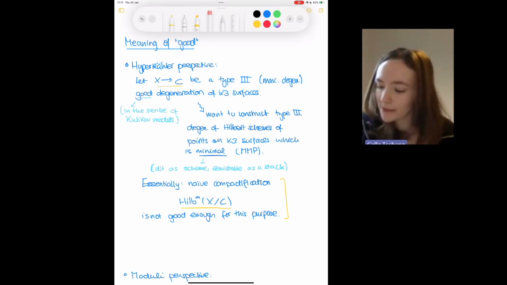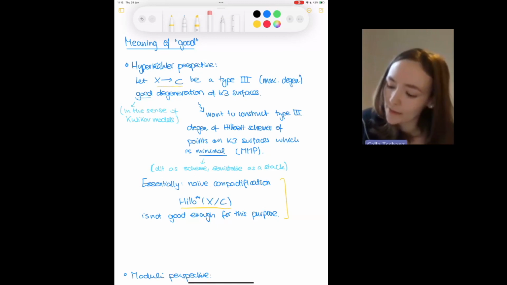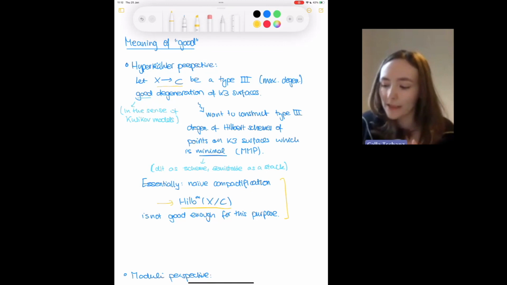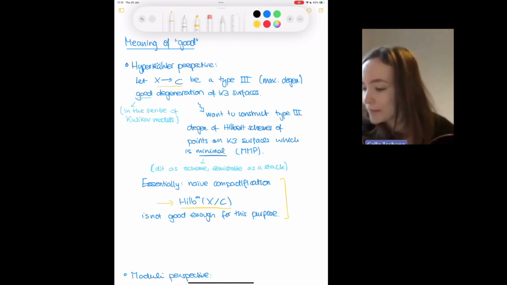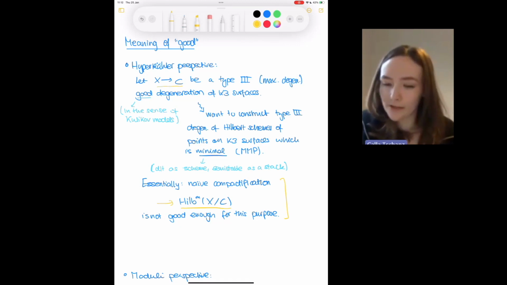So essentially what we're saying is that if we take this naive guy here, it is not minimal, because the singularities are too bad.